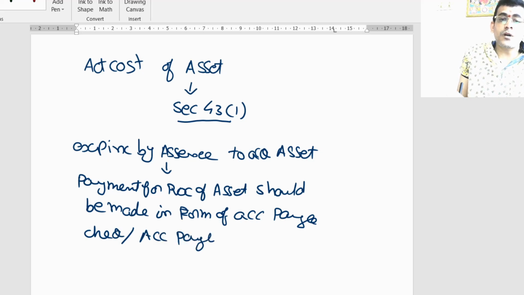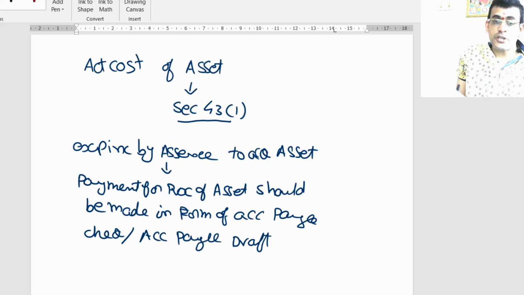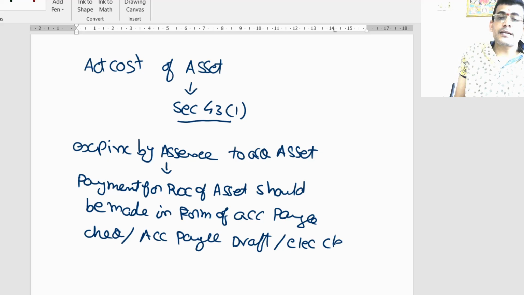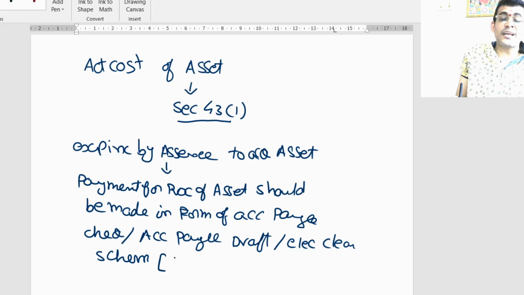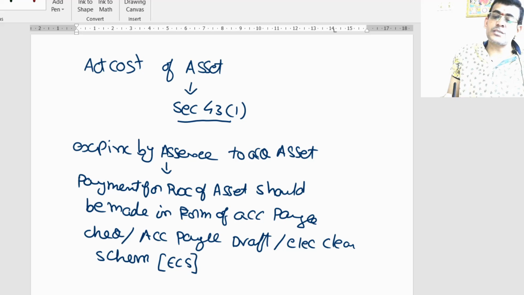So you are supposed to make payment to the supplier in the form of an account payee cheque, or account payee draft, or you may be making a payment through the electronic clearance scheme, in short ECS.